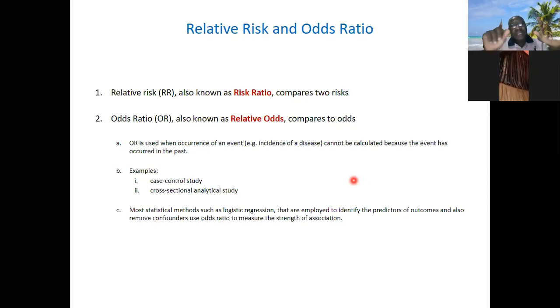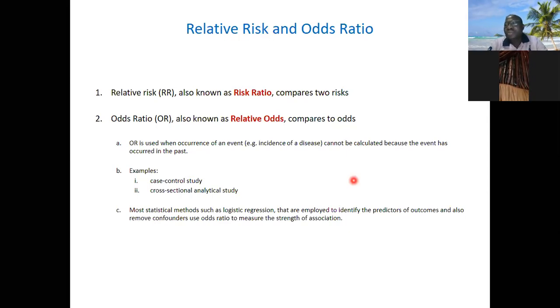So you now see that the odds ratio is used when something has occurred, the event of interest has occurred. An example of a study where you use odds ratio is a case control study, the situation where you have the cases, people that have the disease, and people that don't have the disease.